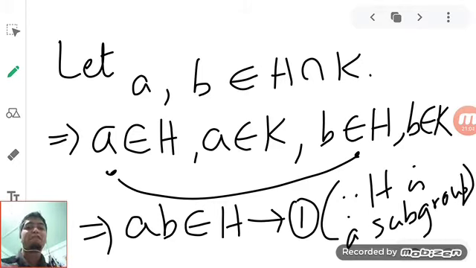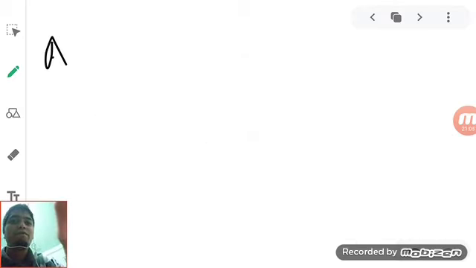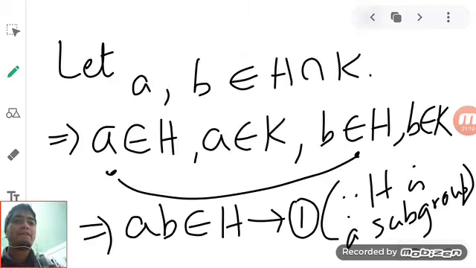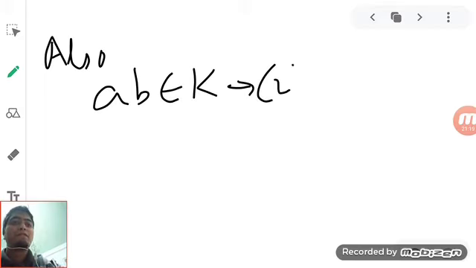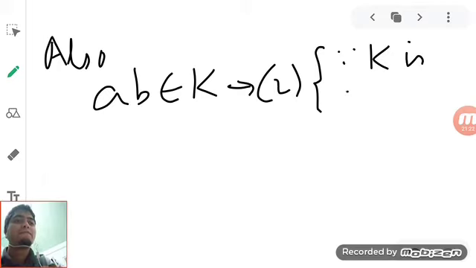This first part you have actually done in the previous semester as well. Also, what can we have? A belongs to K, B belongs to K, so AB belongs to K. Call this one equation 2. Again, the reason for this one is that K is a subgroup.